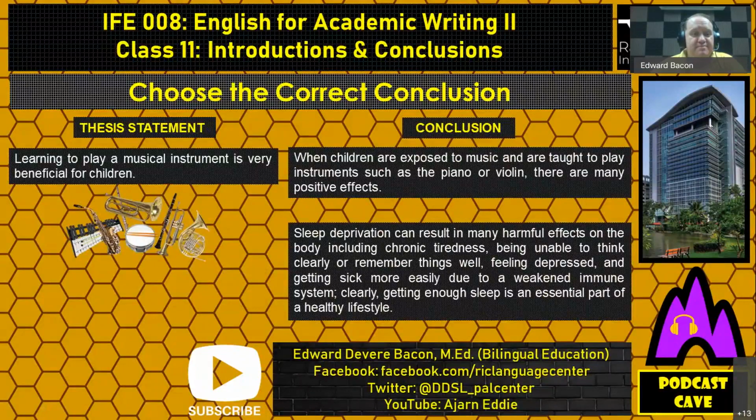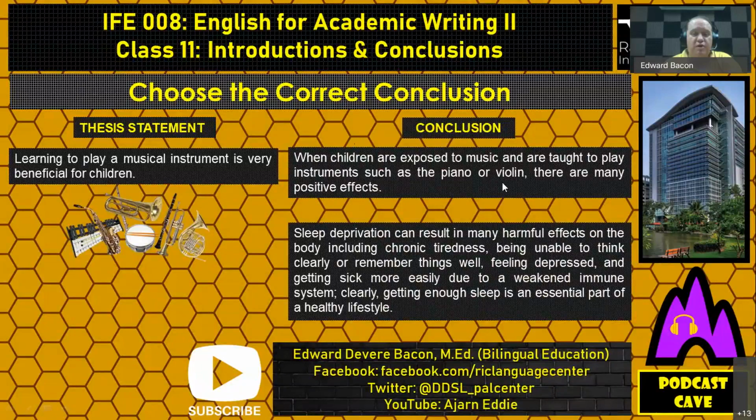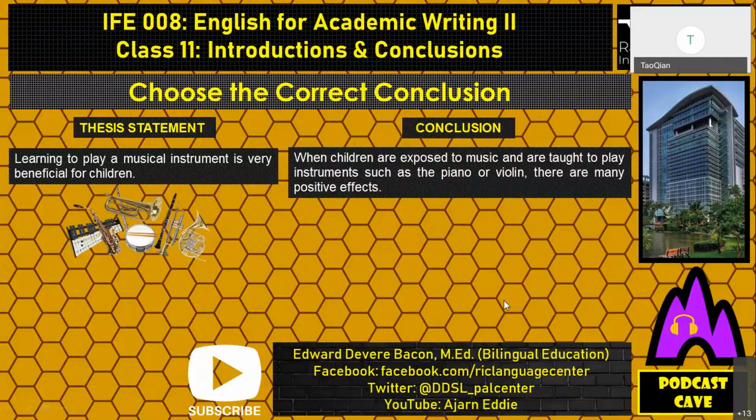When children are exposed to music and are taught to play instruments such as piano or violin, there are many positive effects. So remember this word, violin. Let's see if you're right. Yes, good job.